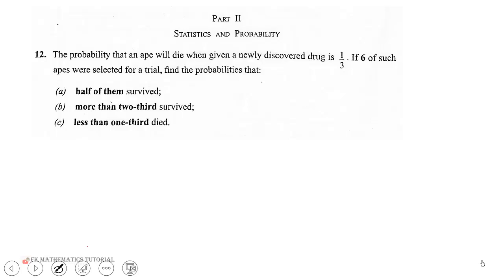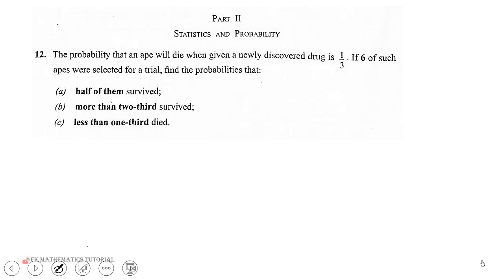Here we have the statistics and probability aspect. The probability that an ape will die when given a newly discovered drug is 1 over 3. If 6 of such apes were selected for a trial, find the probability that half of them survived.